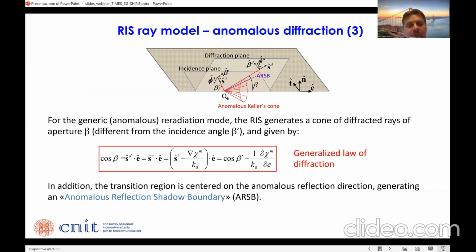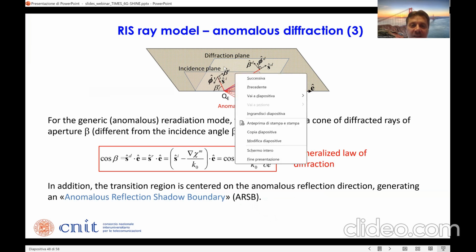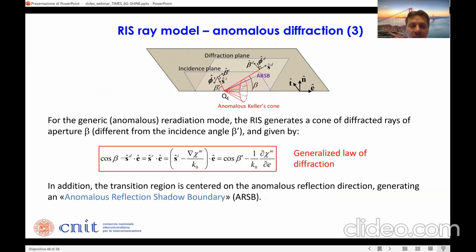Moreover, along this anomalous Keller's cone, as the RIS in general has an anomalous reflection, we will have an anomalous reflection shadow boundary.